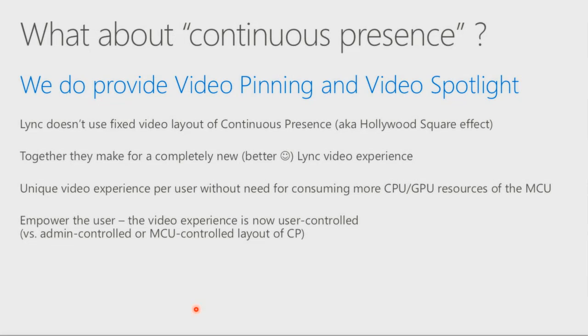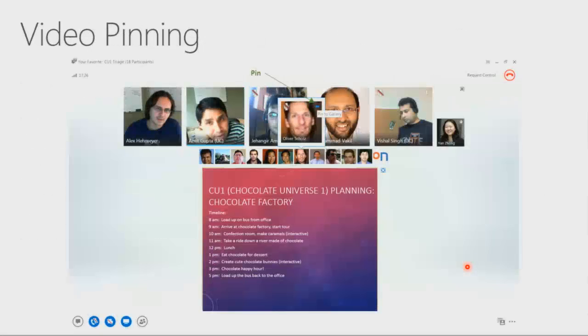And then the image of Johnny is brought to me from Johnny's Lync client, because I'm video pinning Johnny, even if Johnny was in a preview, even if Johnny was somewhere else. I can hover over Johnny's image and pin him, and then his image will go to the first row, and the video stream will be started by the VSR request, which Danny is going to explain to you.